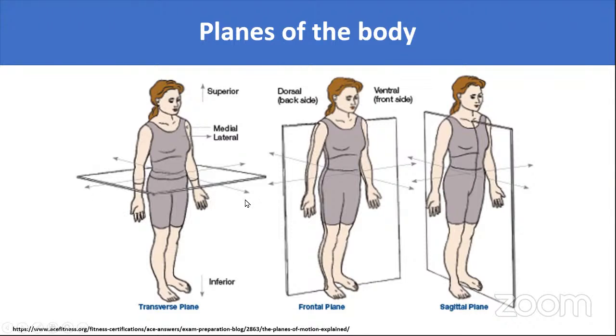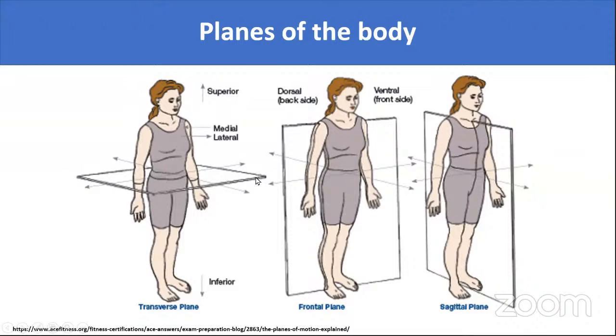Now let us start with the first one, the transverse plane. Okay. So it is an imaginary plane which divides, and this plane goes from one side to another side, that is from left to right or right to left, and it goes from front to back. This plane has two dimensions. One is from front to back, and another dimension is from one side to another side, that is from right to left or left to right.